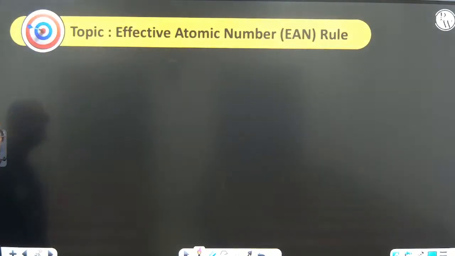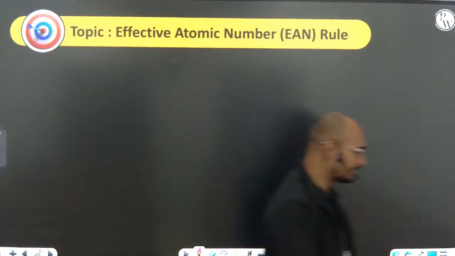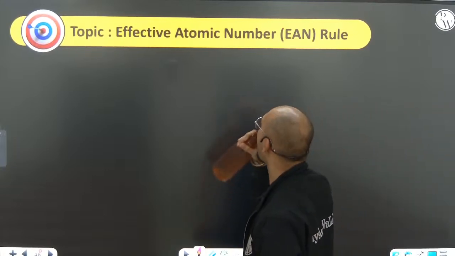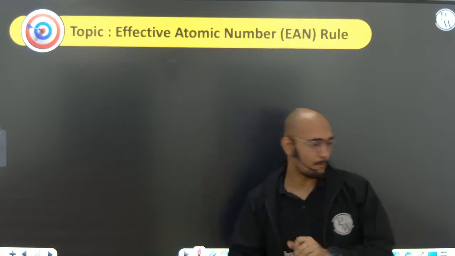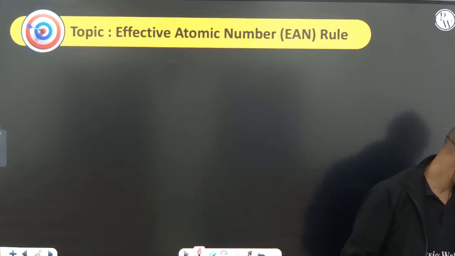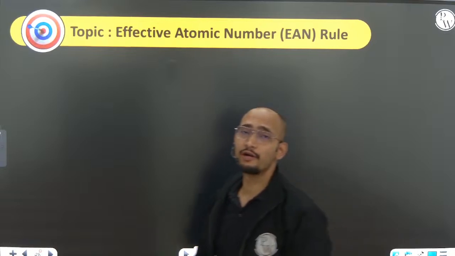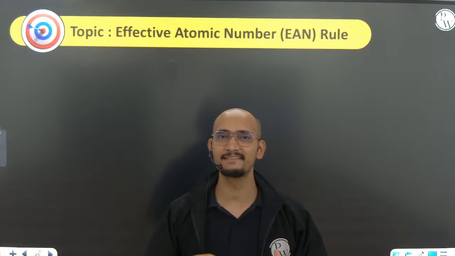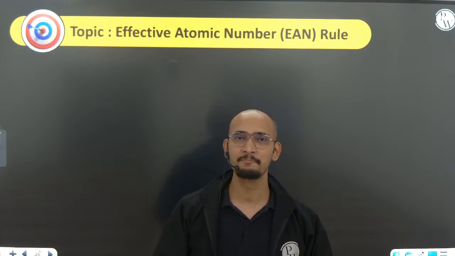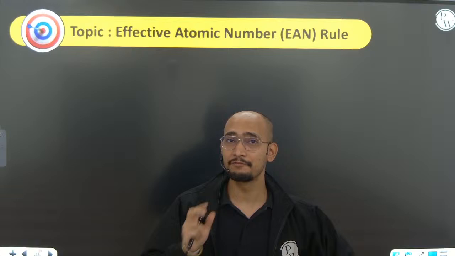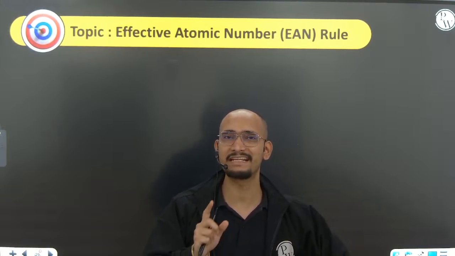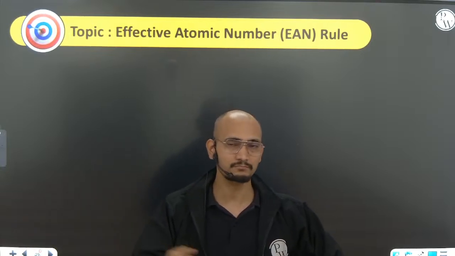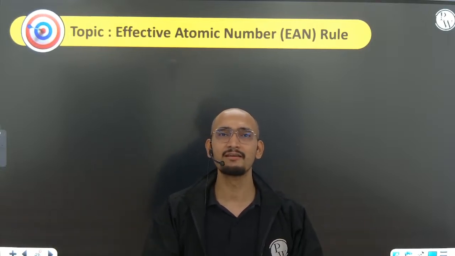Okay. Effective atomic number, EAN rule. What is the EAN rule? The EAN rule was given by Sidgwick. It says that in the process of formation of a coordination compound, whatever is the total number of electrons that any central metal atom or central metal ion has is called the effective atomic number. And if any metal has effective atomic number equal to the number of electrons of its next noble gas, it will be more stable.